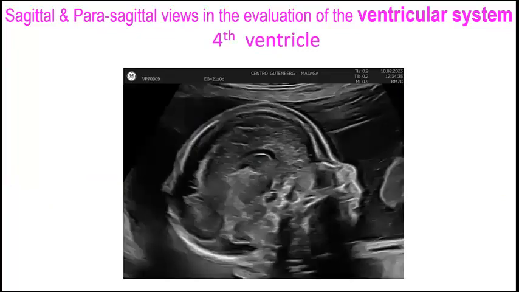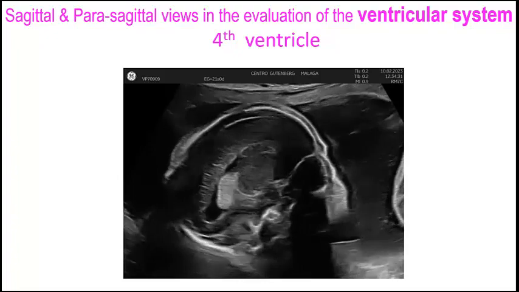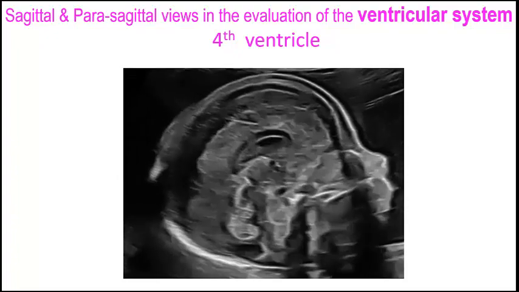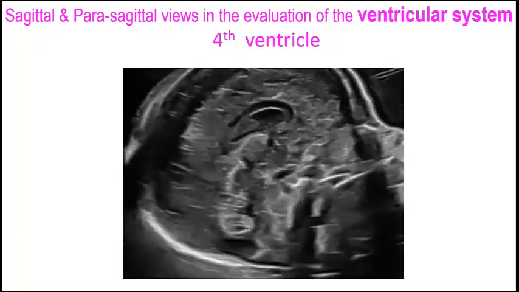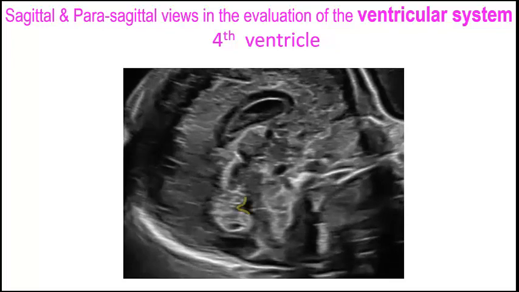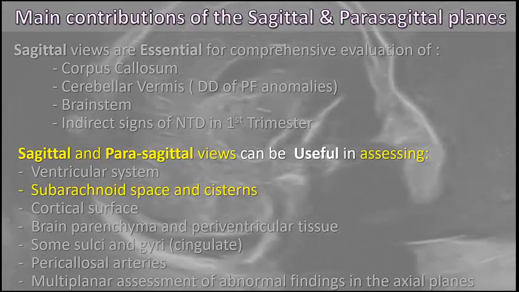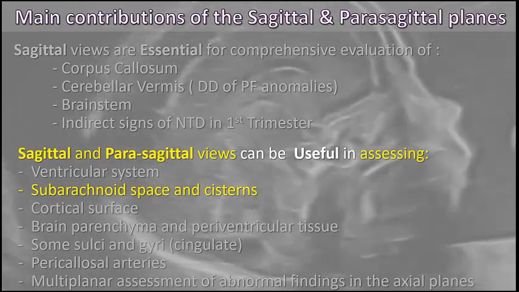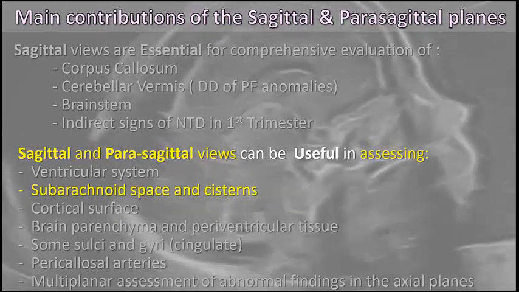The sagittal plane is useful to visualize and assess the fastigium of the fourth ventricle, with its characteristic triangular shape pointing to the vermis.